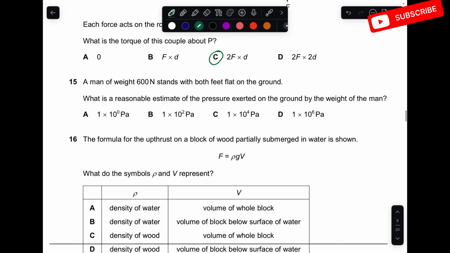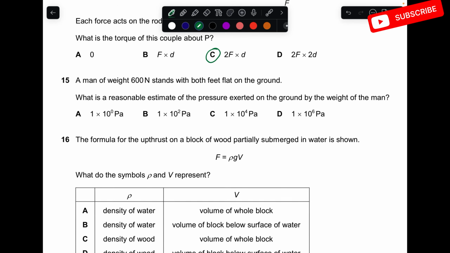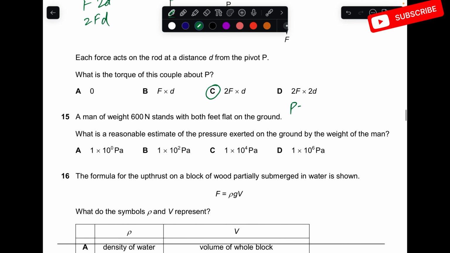Question 15. A man of weight 600 newtons stands with both feet flat on the ground. What is a reasonable estimate of the pressure exerted on the ground by the weight of the man? Okay, so pressure is force over area. Force is equal to its weight. The area of the feet you have to estimate.